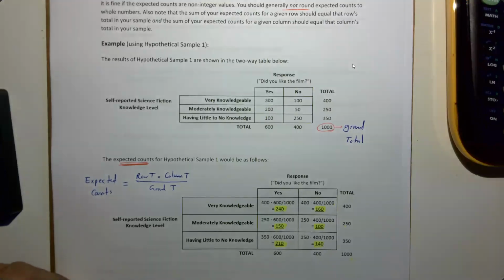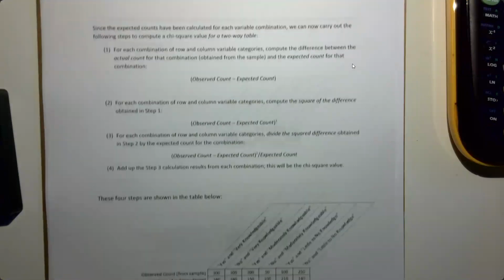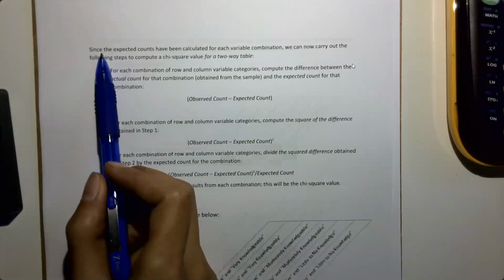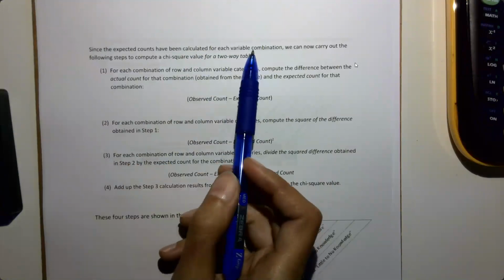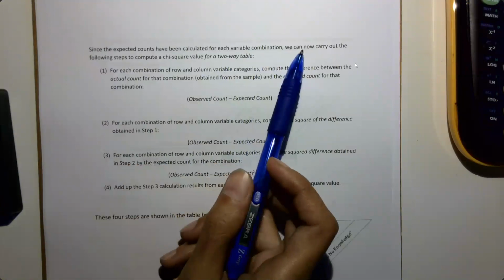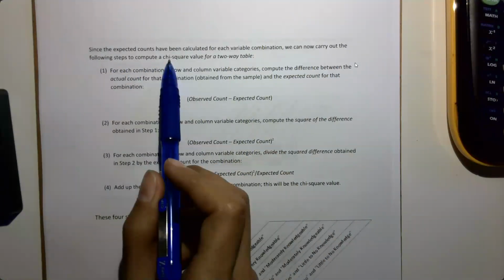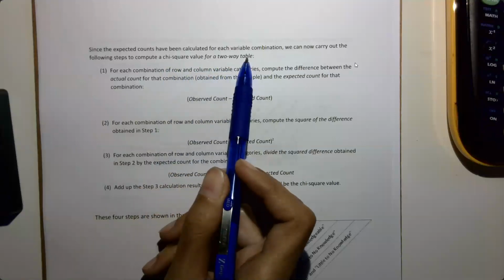Let us move on to the next step. In the first step, we calculated the expected counts. Since the expected counts have been calculated for each variable combination, we can now carry out the following steps to compute a chi-square value for a two-way table.